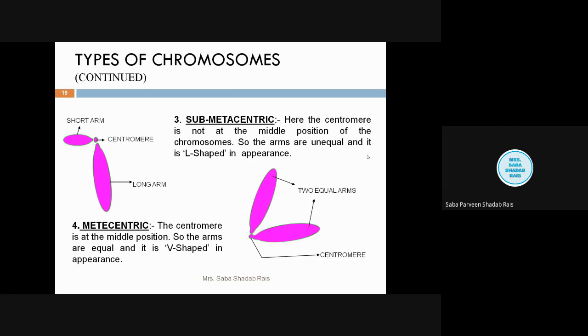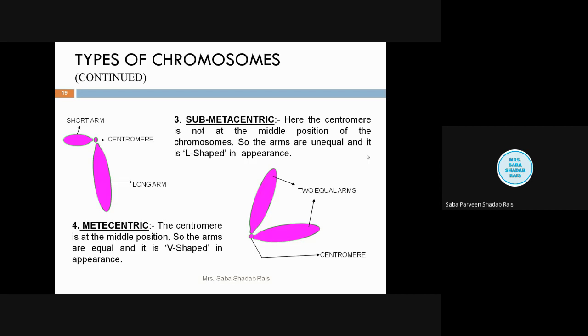Dicentric means more than one centromere is present. Example is the wheat. In the case of the wheat, two centromeres are present. Polycentric means many centromeres are present. So the species that have a very long chromosome, like Ascaris, show this polycentric chromosome.